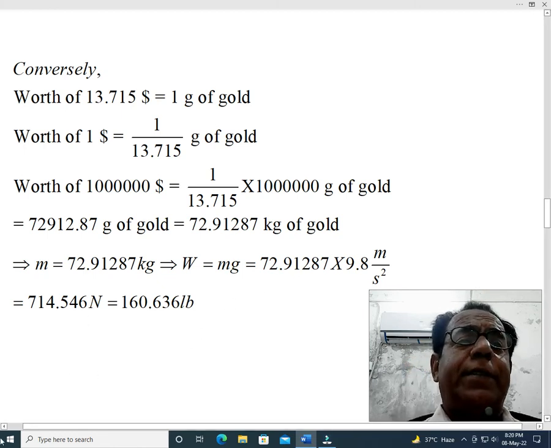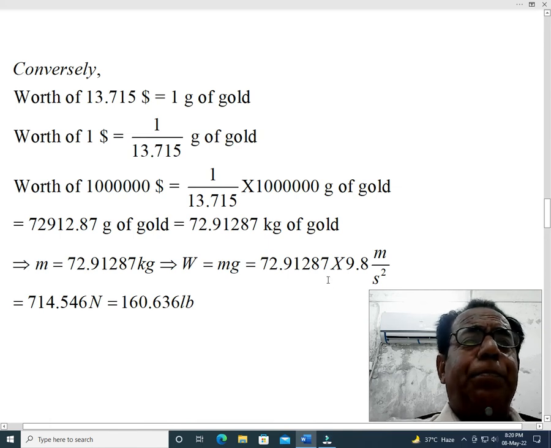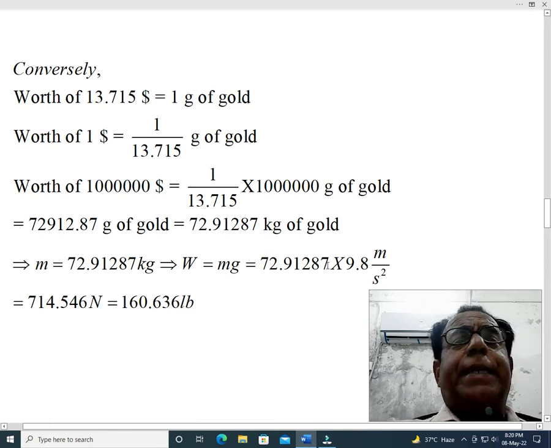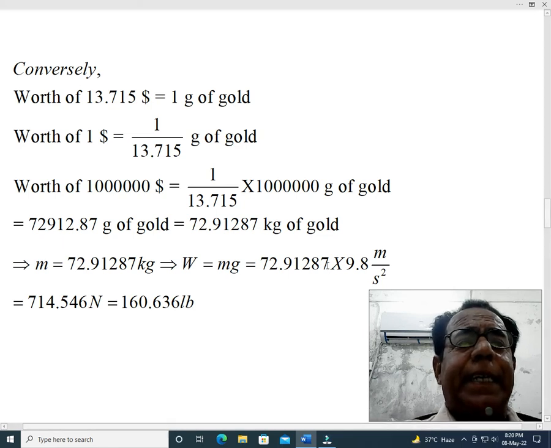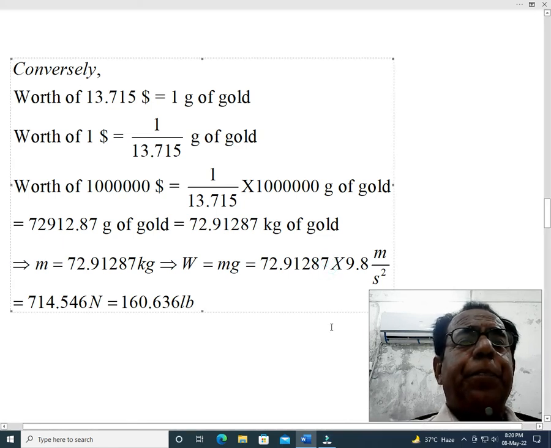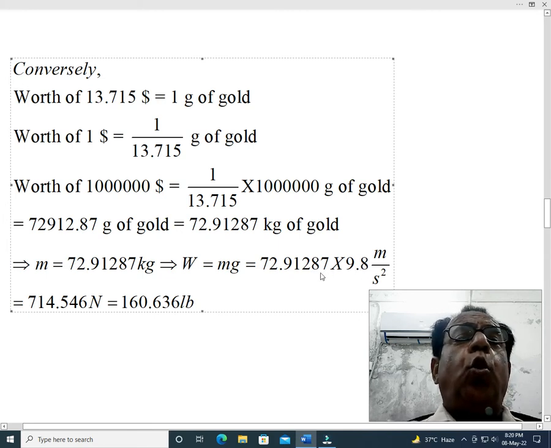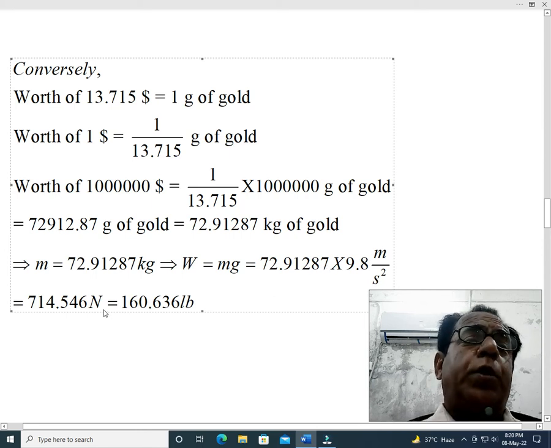Actually, dear students, there is a minor negligible mistake that with this value there is a kg here: 72.91285 kilogram into this. So kilogram meter per second square is equal to Newton.